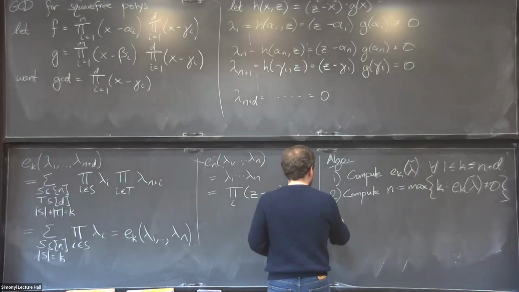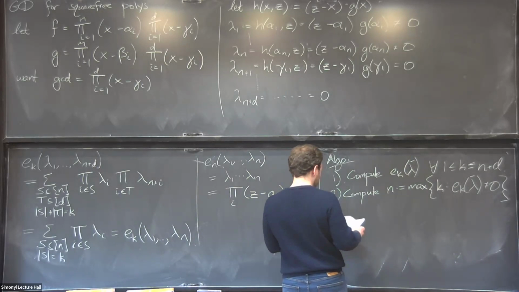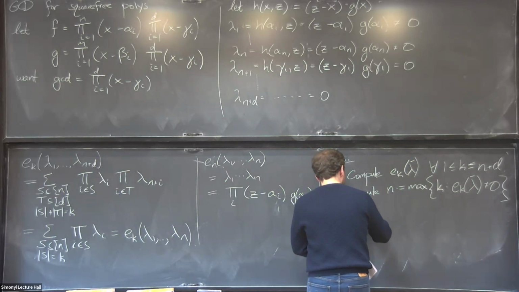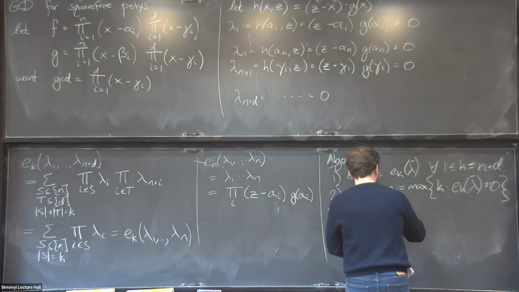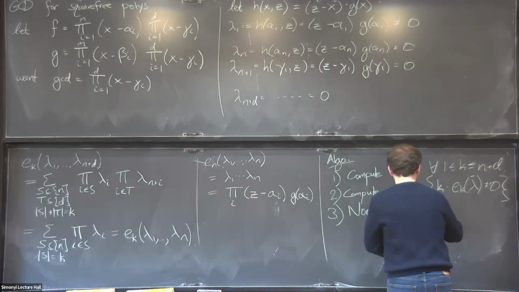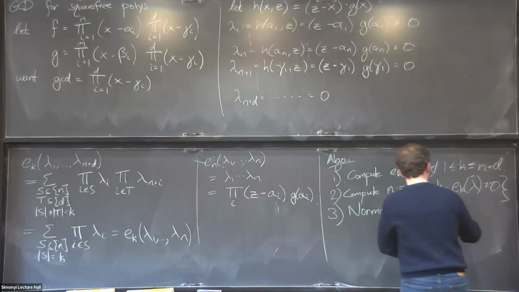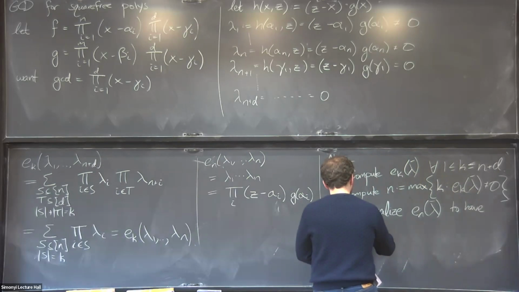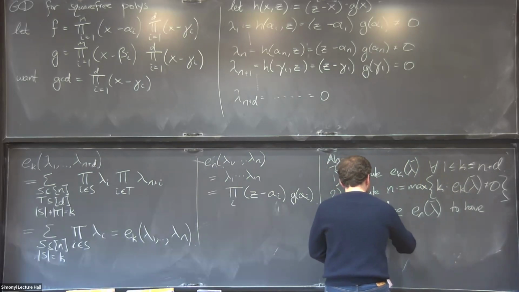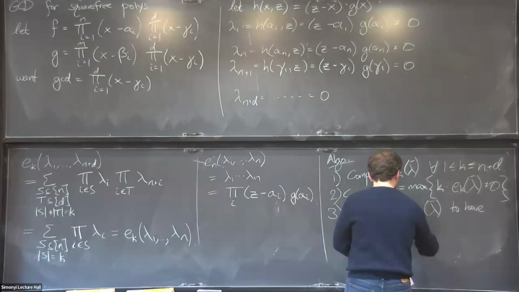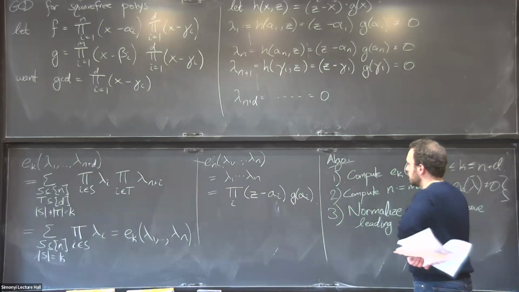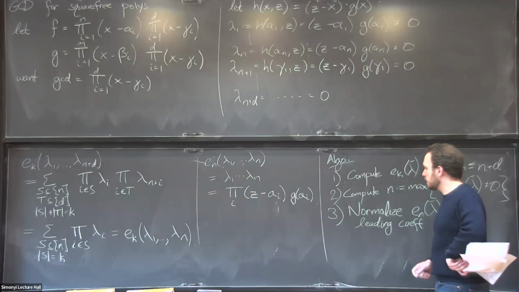Okay, so now we can normalize this e_n of lambda to have a leading coefficient 1. So lambda is a polynomial in z.